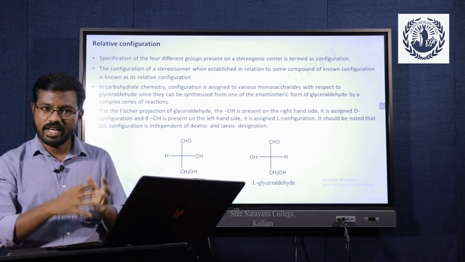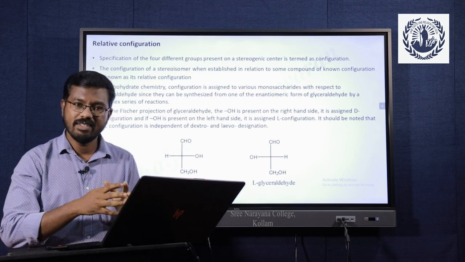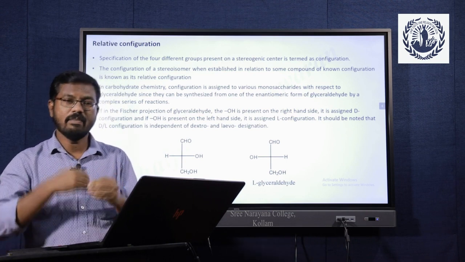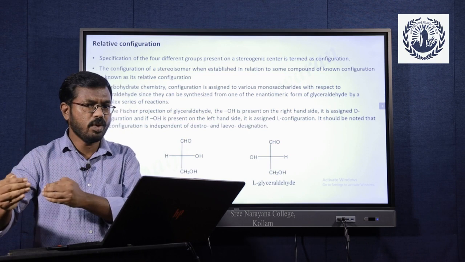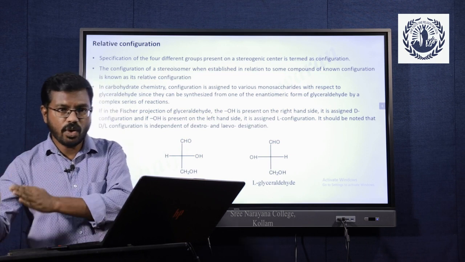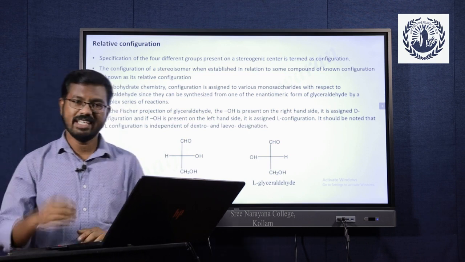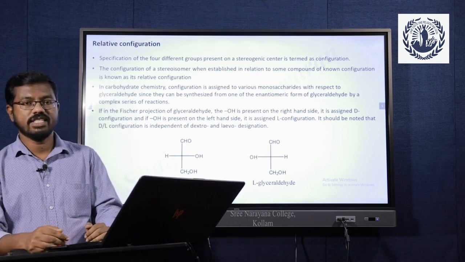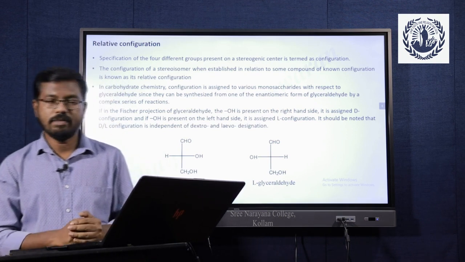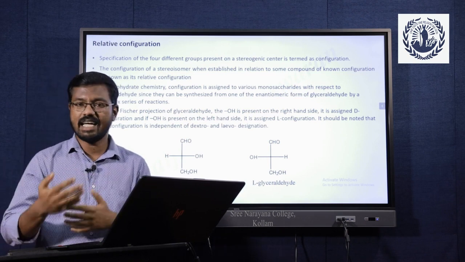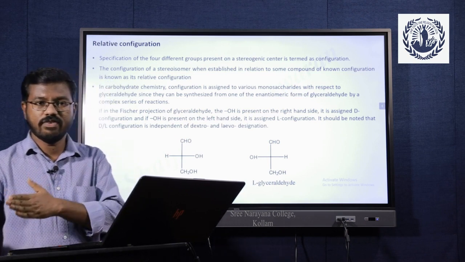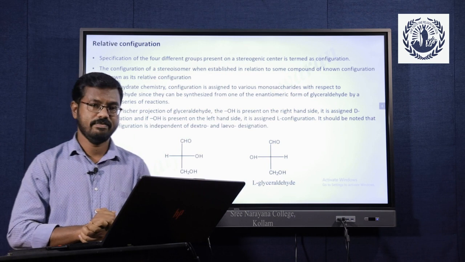The configuration of a particular molecule is identified by comparing it with some molecule of known configuration. That is relative configuration. In carbohydrate chemistry, the configuration is assigned with respect to the configuration of glyceraldehyde.